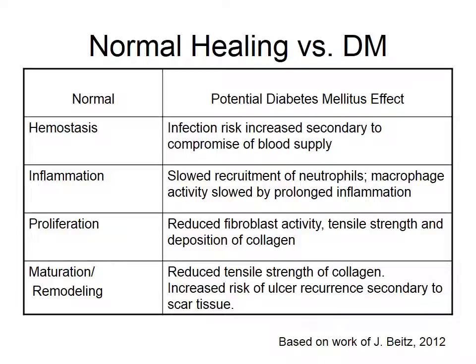In the inflammatory phase, there is slow recruitment of neutrophils and macrophage activity is diminished, which leads to increased susceptibility to infection. In the proliferative phase, fibroblast activity is reduced, resulting in further decrease of tensile strength and collagen deposition. In the maturation or remodeling phase, there is decreased tensile strength, making the area at increased risk for future breakdown.